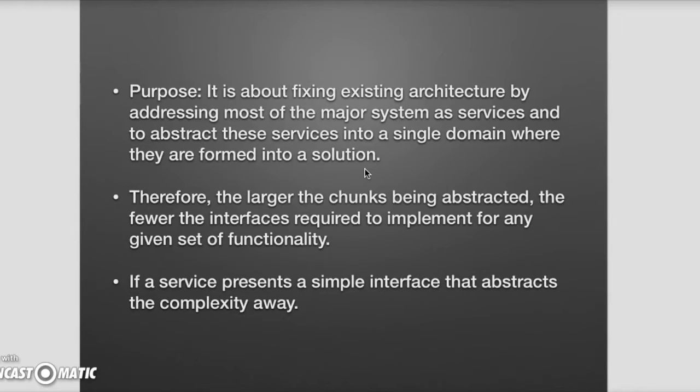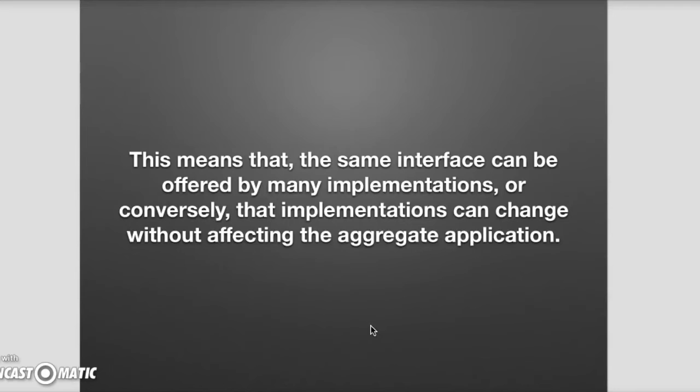This eventually helps users access independent services without any detailed knowledge of their implementations. It also means the same interface can be offered by many implementations, and conversely, an implementation can change without affecting the aggregate applications.